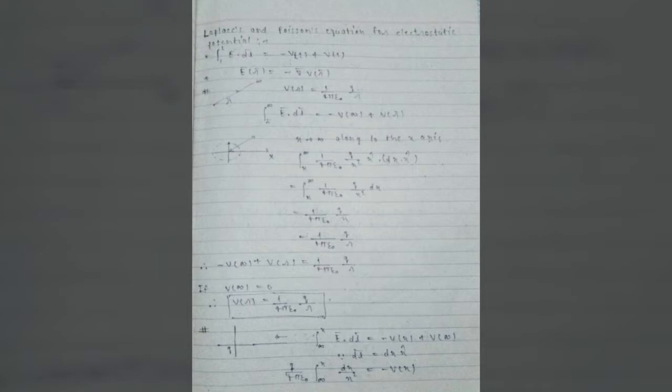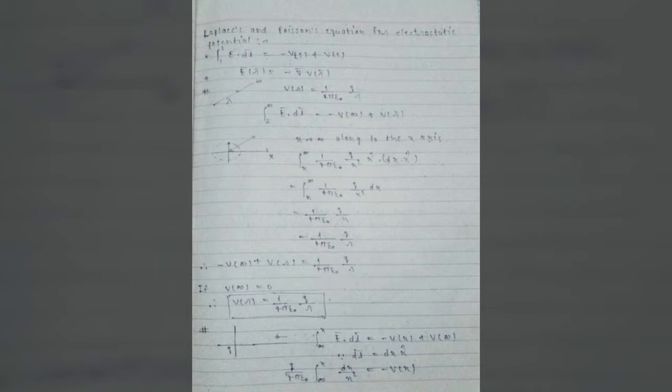I will still take dl to be dx along x, because that I am moving in from infinity to x is actually covered by the limits. Therefore, I do not have to put a minus sign for dl equals minus dx x here. You still take it to be dx x.